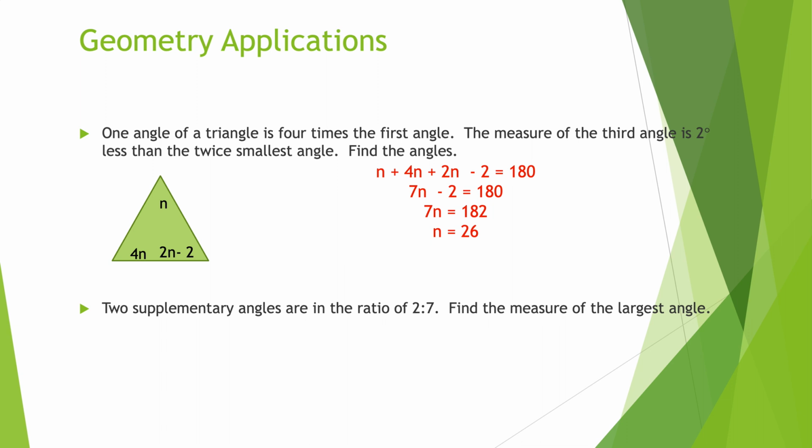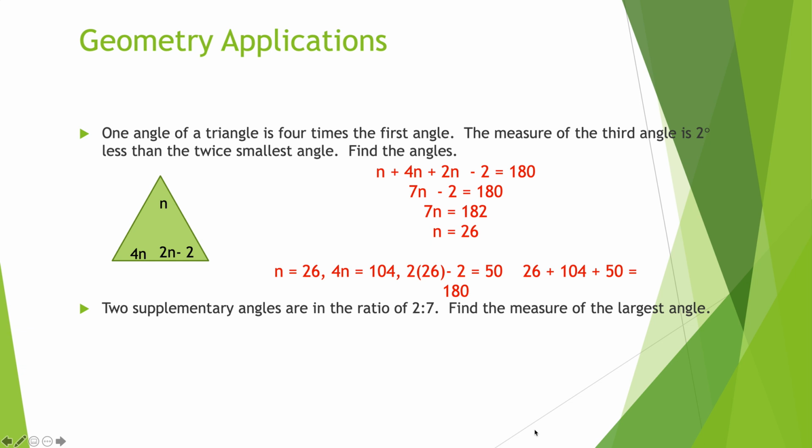So at the top, I get 26. This one will be 4 times 26, which is 104, and the last one will be 2 times 26, which is 52 minus 2 is 50. So there's all of that work just shown. And if I add those numbers up, 26, 104, and 50, I get 180. So I know that I got this question correct.